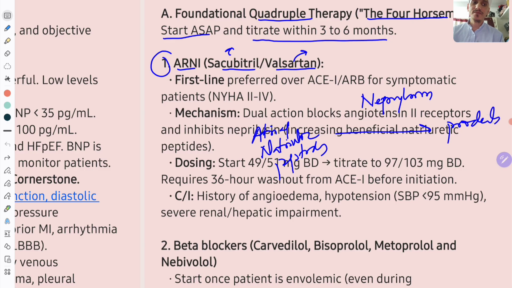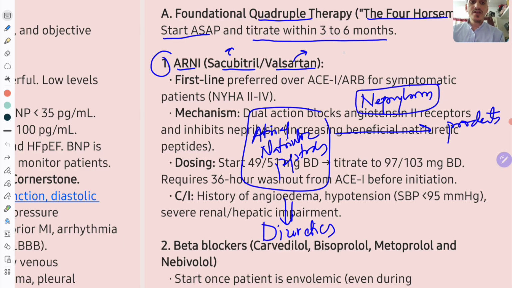These peptides cause diuresis actually. So they will relieve the congestion and have beneficial effects. They act as diuretics, but neprilysin is breaking them down. So what we are doing is we are inhibiting this with an inhibitor known as sacubitril.